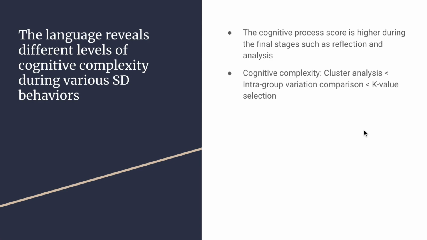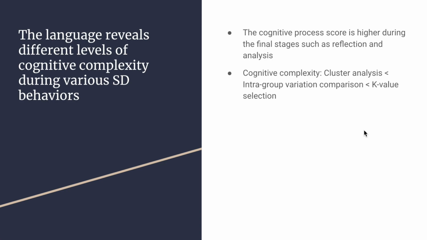We also observed that despite being a more complex task that requires a blend of machine learning components, cluster analysis presents a lower level of cognitive complexity in comparison to k-value evaluation and intra-group variation comparison.